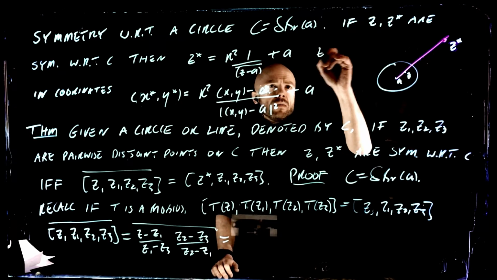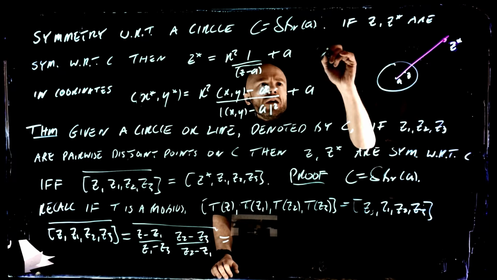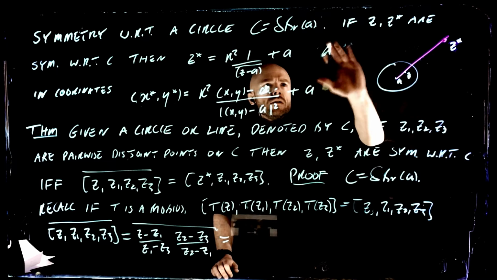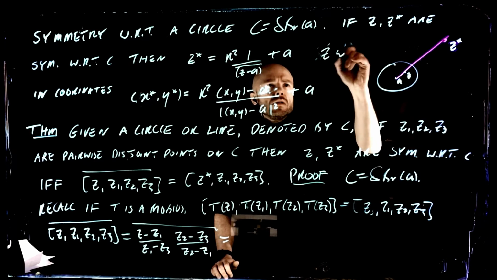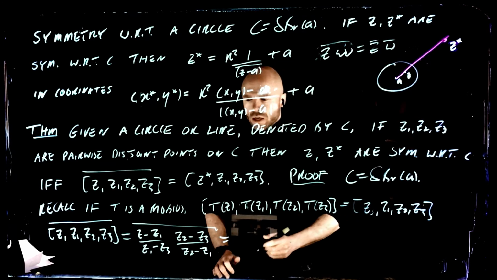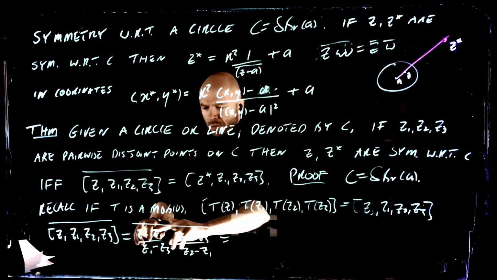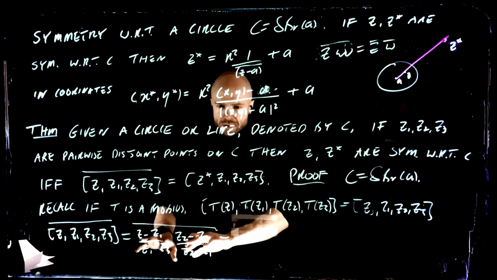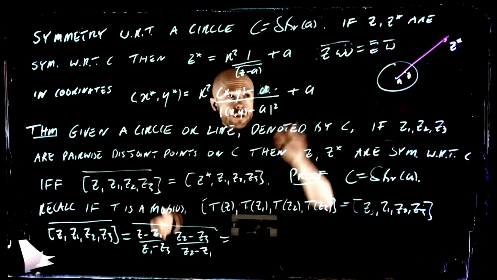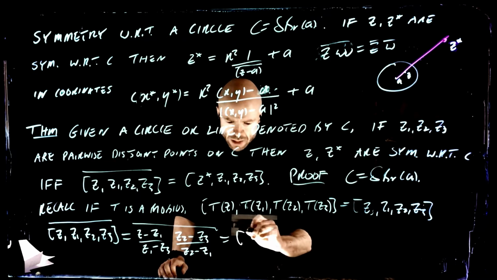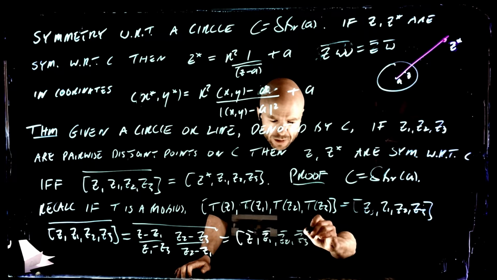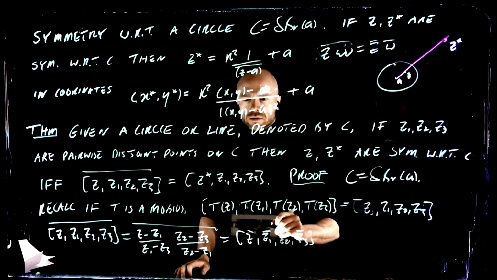Because this is what complex conjugates do. If we have A plus B, or A times B, more interesting. Well, maybe let's just do Z times W. Z times W, complex conjugate is Z bar times W bar, right? So when we put this thing through this, we'll put the bar on every part of this expression. So this is the same as Z bar, this thing bar, this thing bar, this thing bar, like this. And we're going to use that shortly in the proof.